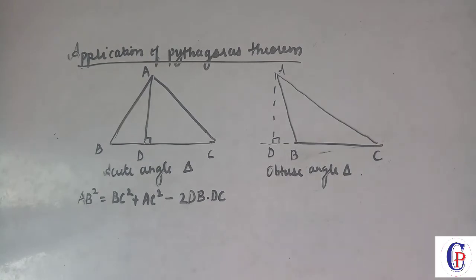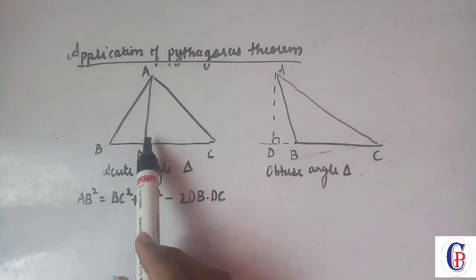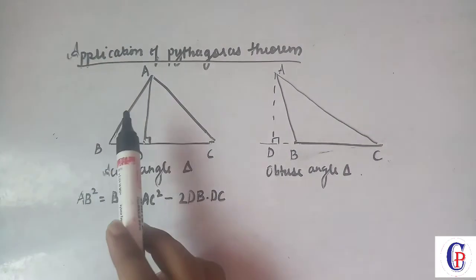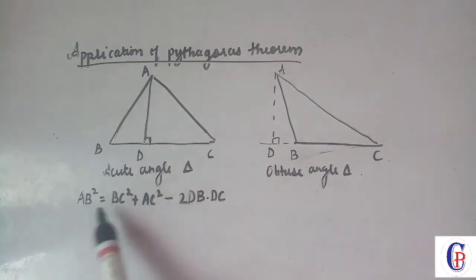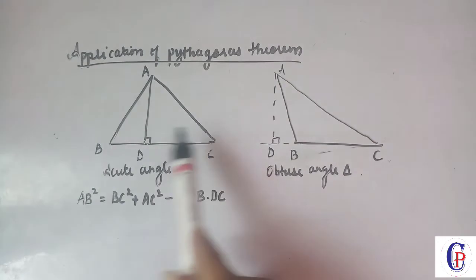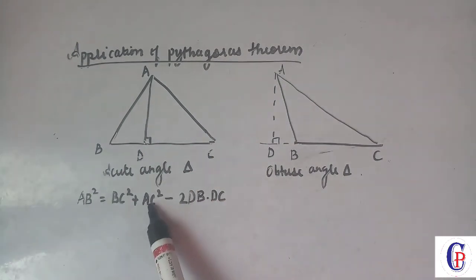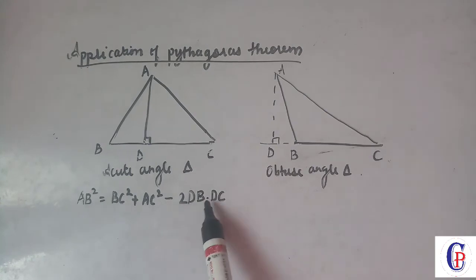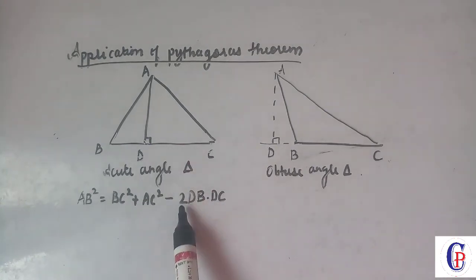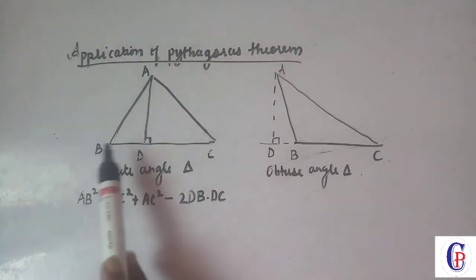Clear? What we did is we took the side opposite to 90 degree, AB square, and the other two side squares, AC square and BC square. And then minus, because it is an acute angle triangle, twice DB and DC.